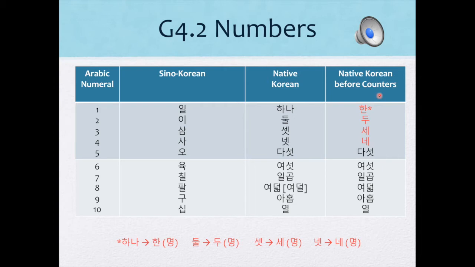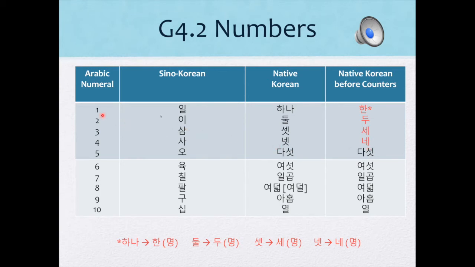English has counters as well, like a cup of coffee. Cup is the counter for coffee because it makes coffee measurable. A glass of beer, same thing, a bunch of parsley. So when you have counters following the numbers, we use a variation of the native Korean form. And it doesn't apply to all of the numbers, so it's not that complicated.